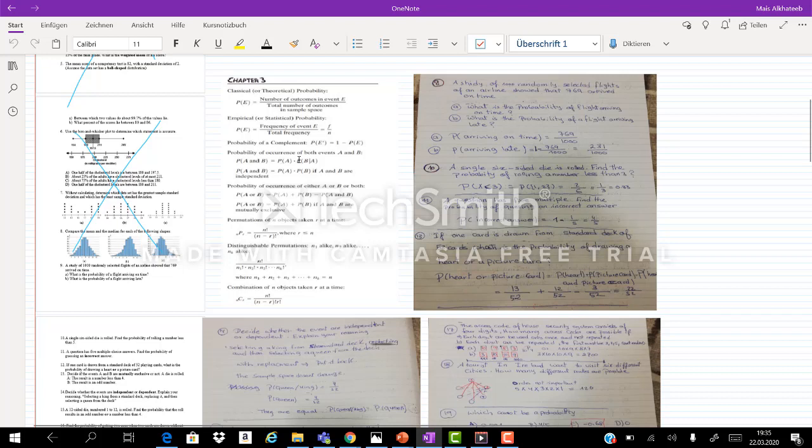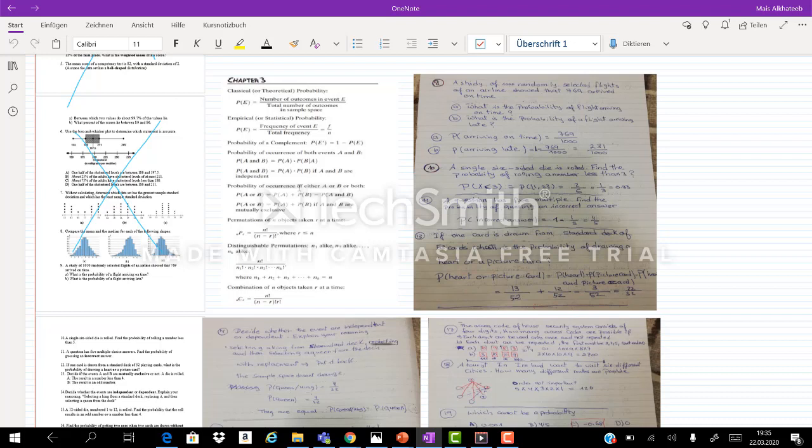Probability of occurrence of A or B. A or B is the union, and A and B is the intersection.